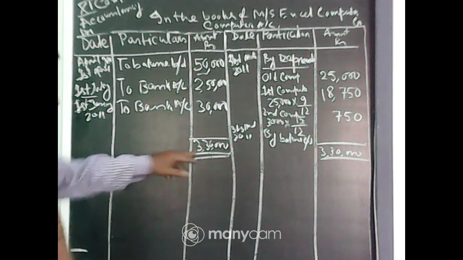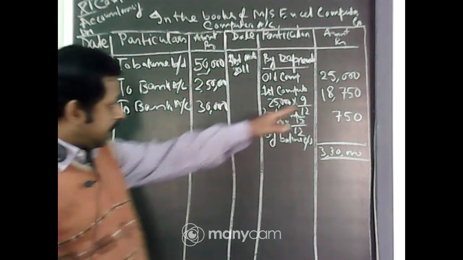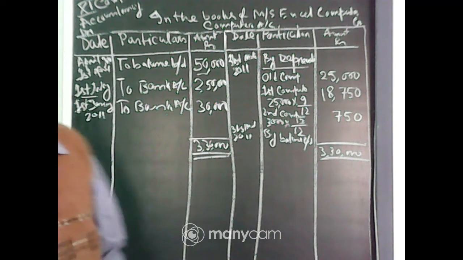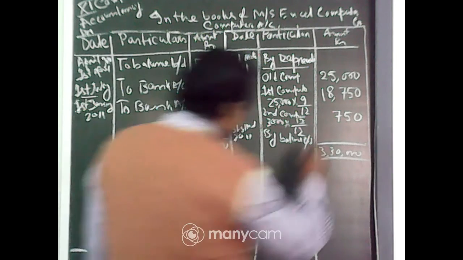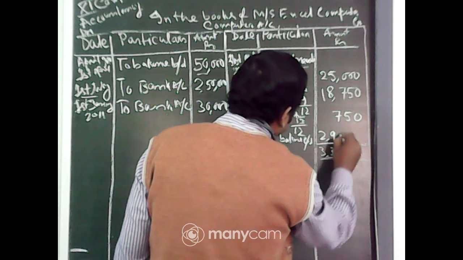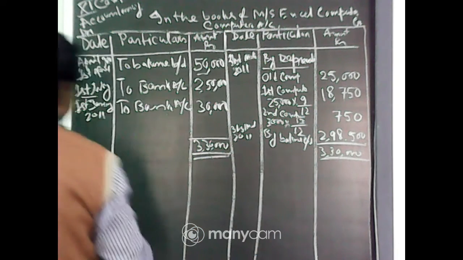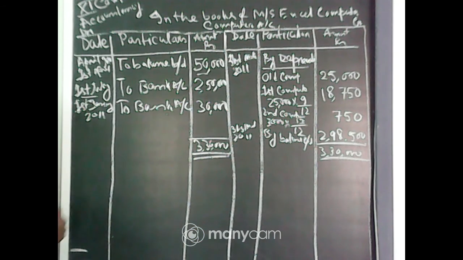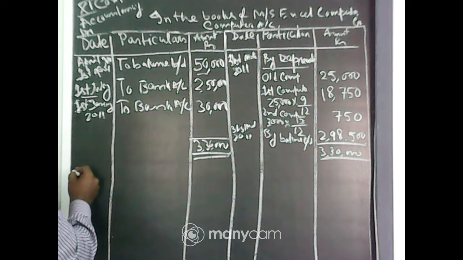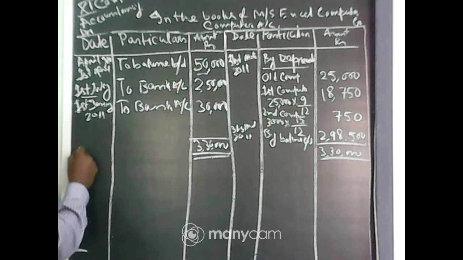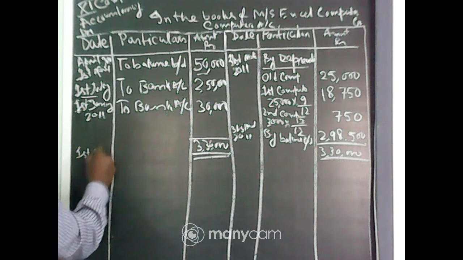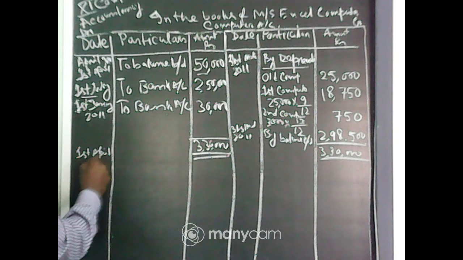Now, from 3,30,000 we have to minus this figure. What will it become? 2,98,500. And that balance you have to bring forward, brought down, or brought forward, whatever you call, to the next year, that is 1st April 2011.